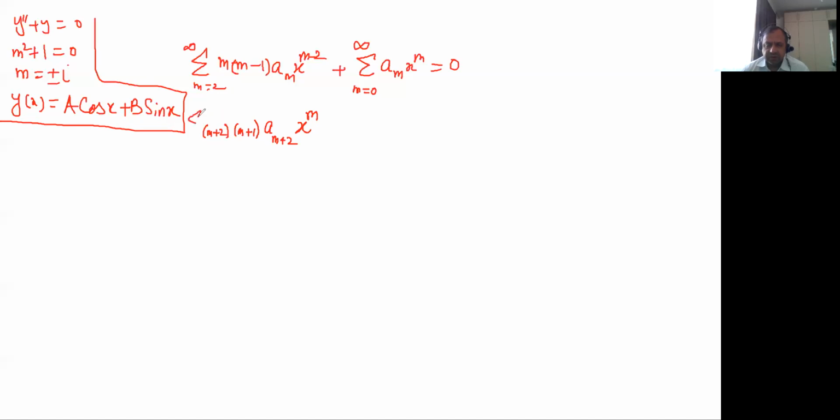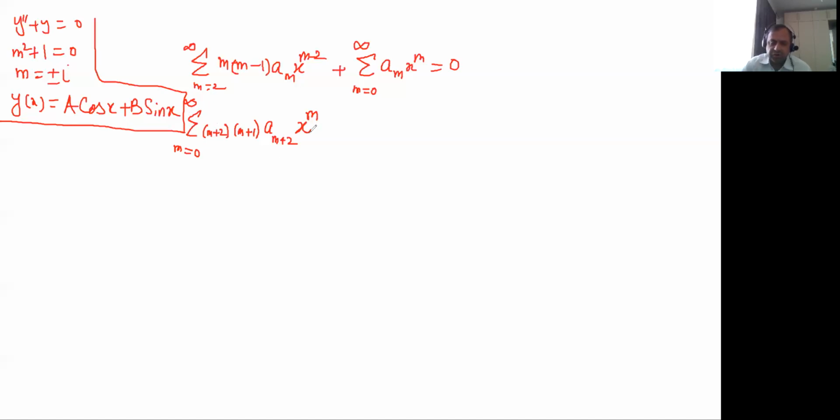Okay, and then sigma. But this will also affect the index terms. Since we have increased these two terms, we will do the opposite with the index, and the index will become m is equal to 0, since 2 minus 2 is 0, and then infinity minus 2 is still infinity. So infinity will remain as infinity.